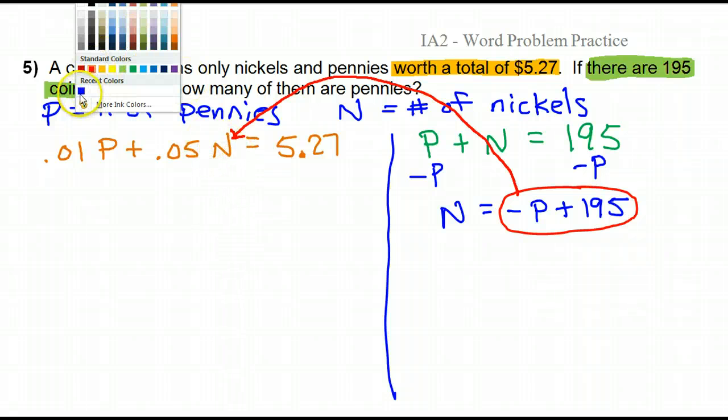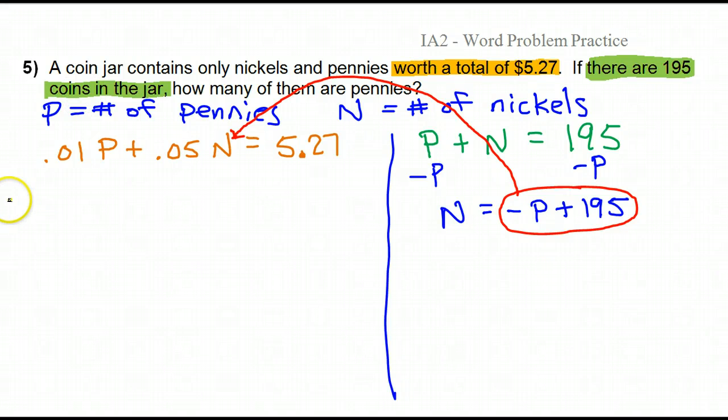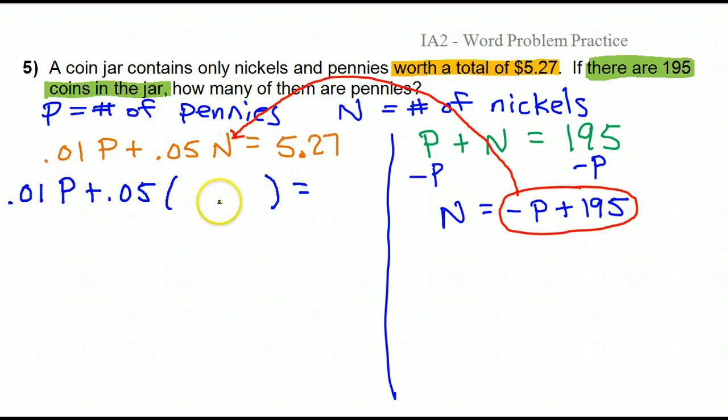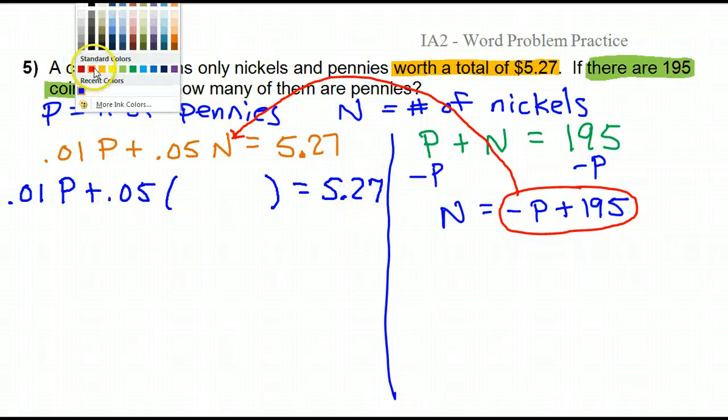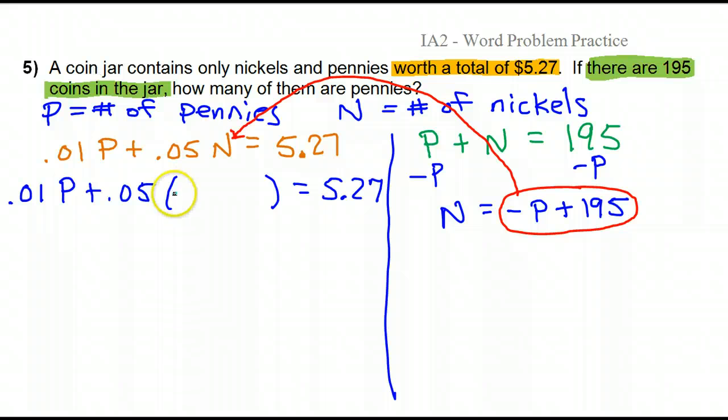So this equation is going to become 0.01 p plus 0.05 times parentheses equals 5.27. I use parentheses when I substitute.